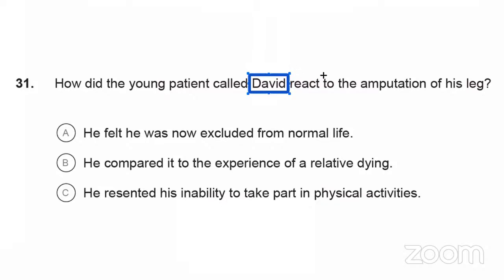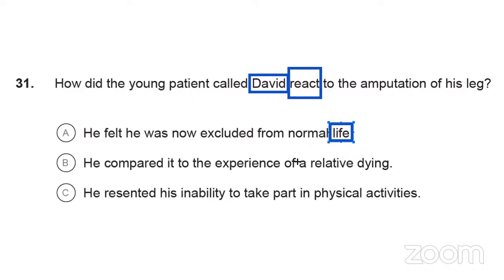So David's reaction. Reaction is important. He felt he was now excluded from normal life. Is it talking about life, normal life? The point is life. Is he talking about life, normal life, excluded from normal life? So he's talking about general life, that's all.